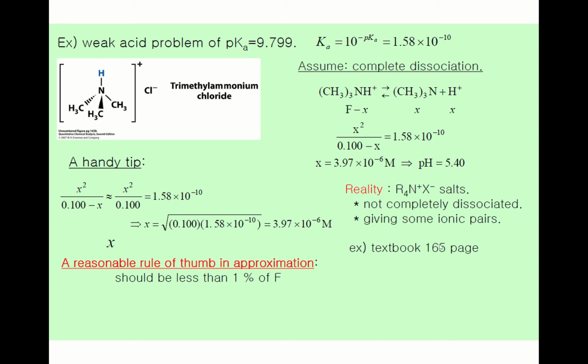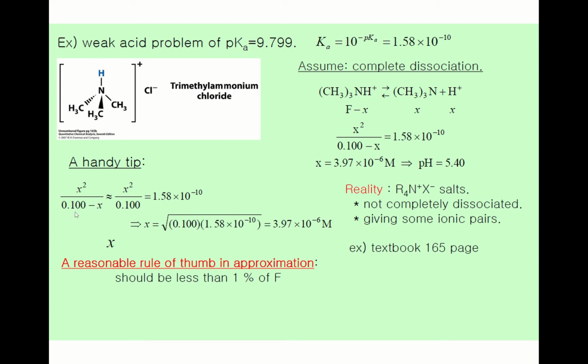What is an ion pair? It dissolved, but the positive and negative ions are put together and behave as if one species. In this case we can make another approximation.